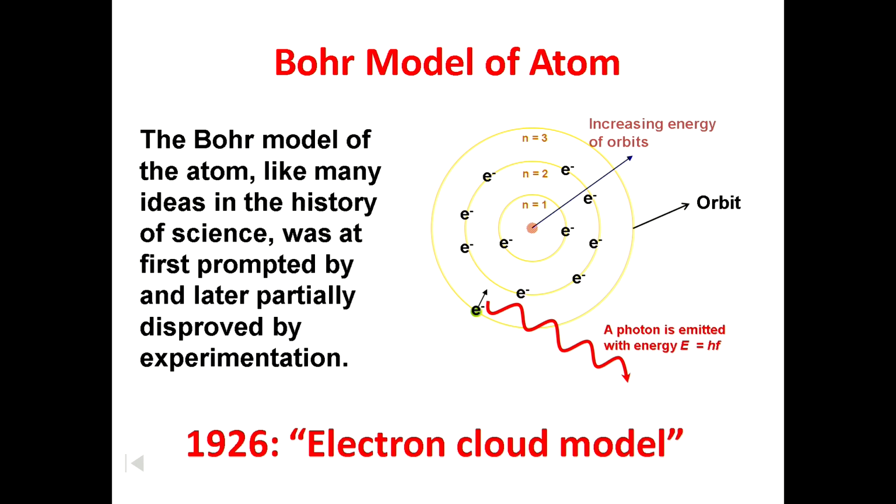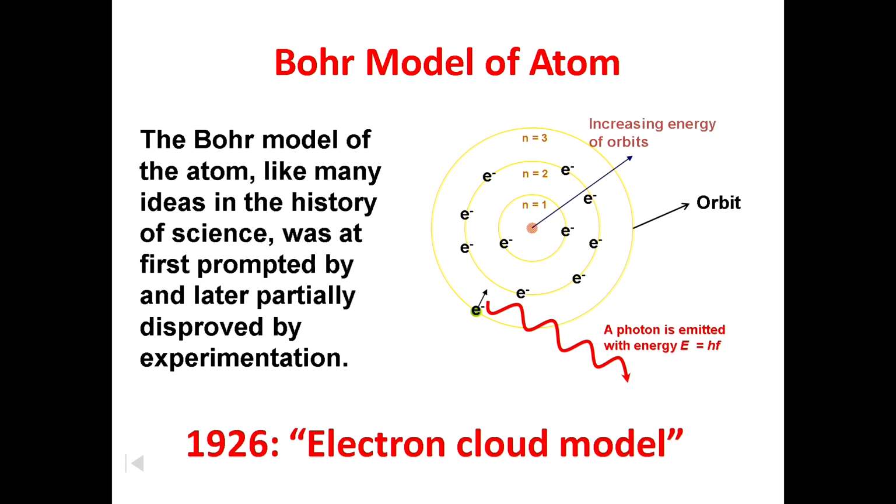And in the Bohr model, the structure we can also draw this way. So this is the nucleus. And these are different electron orbitals.